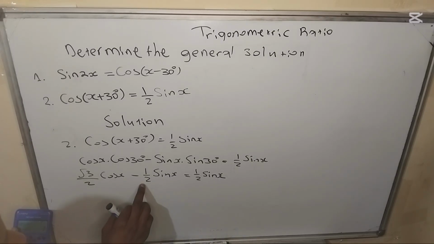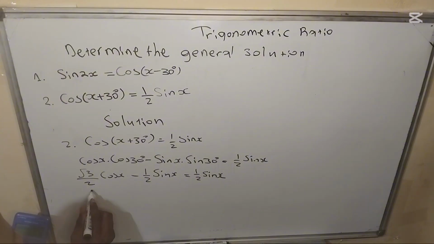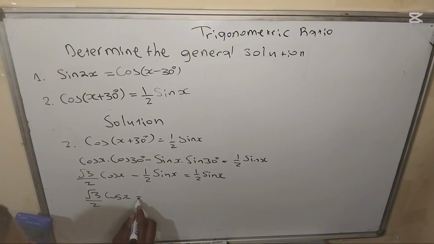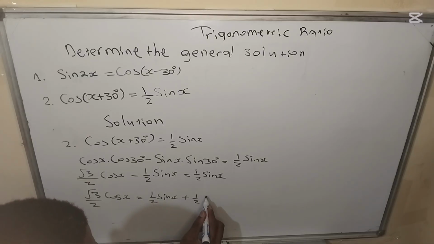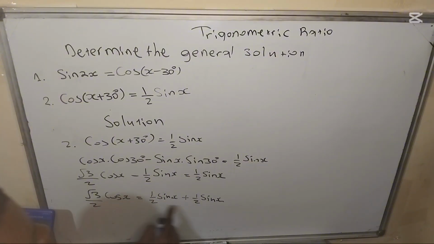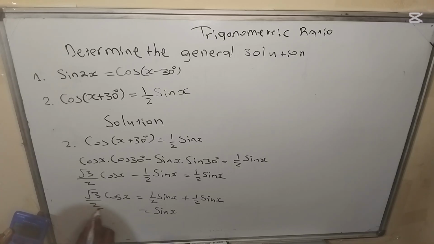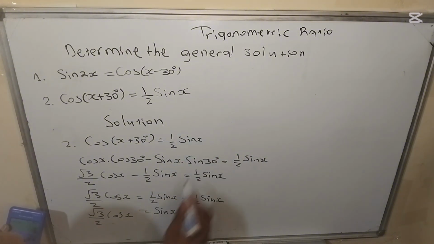Then let's transpose this half to this side. So we have root 3 over 2 cos x, which is equal to half sine x plus half sine x. Half plus half is equal to 1, meaning that we have sine x, which is equal to root 3 over 2 cos x.